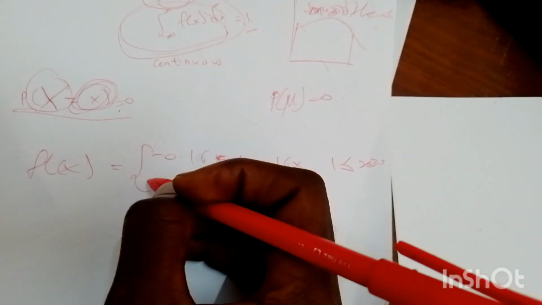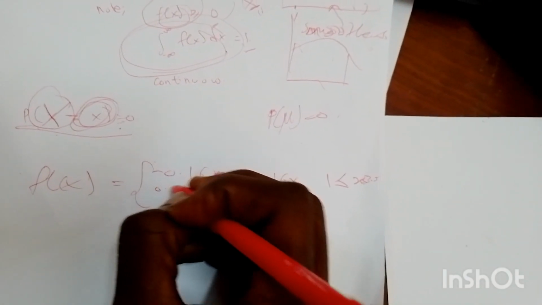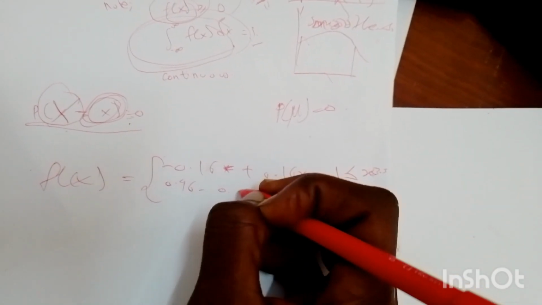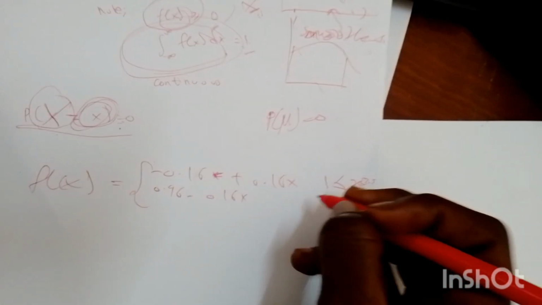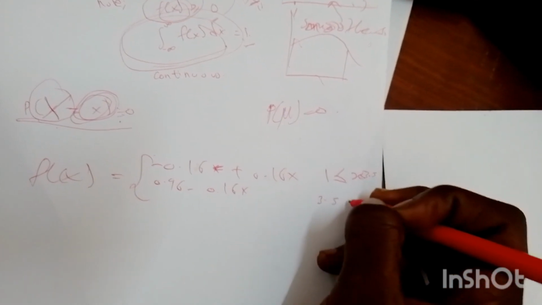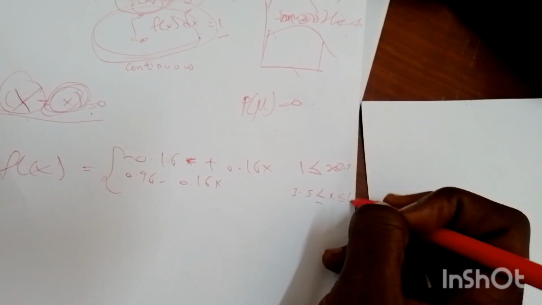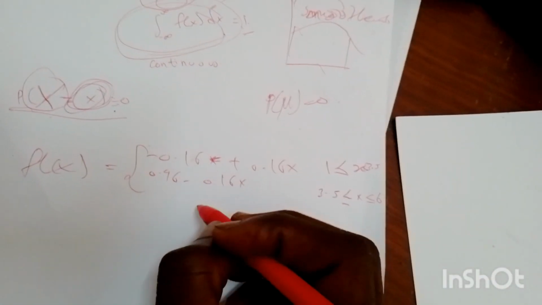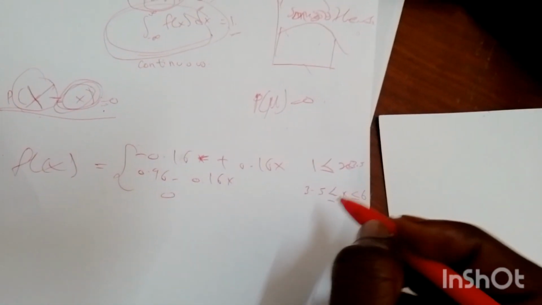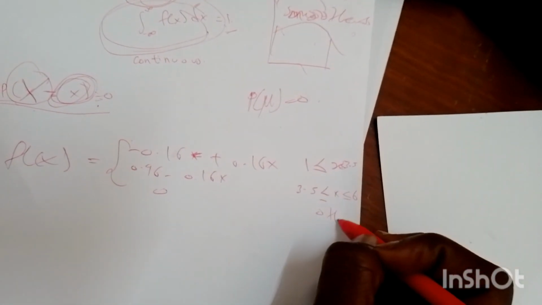And then we have 0.96 minus 0.16x for 3.5 less than or equal to x less than or equal to 6. These are in years. And then 0 otherwise.